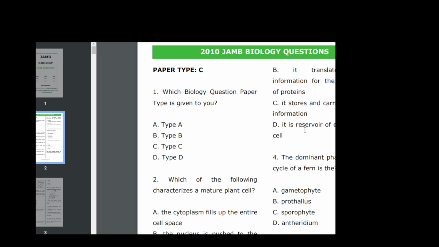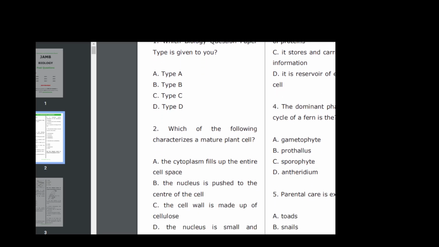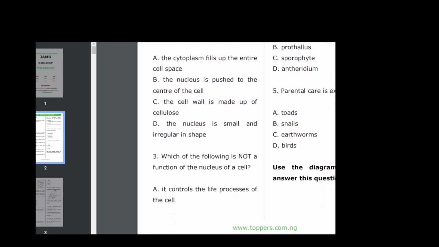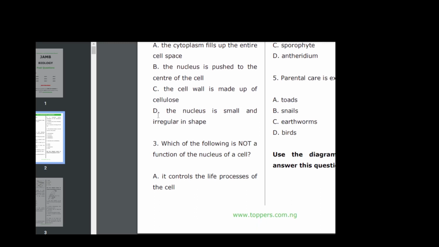Let us quickly see the question again so everybody gets in line and gets to understand what we are saying. The question says, which of the following is not a function of the nucleus of a cell? Option A says it controls the life processes of the cell.